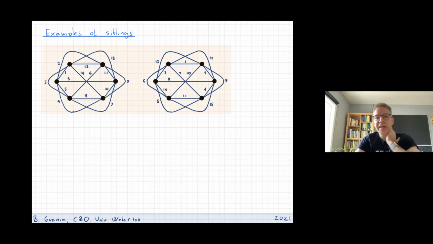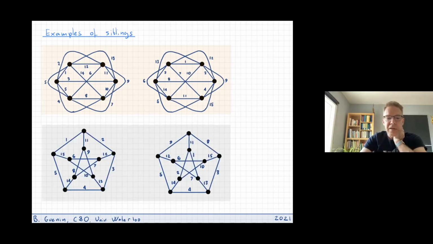All right, so let's look at examples of siblings, and I'm going to give you examples of siblings which are not Shih siblings, because we already know those. This is the K6 example that you've seen before. Here's a nice example. I can't give a talk at CNO without giving the Petersen graph somewhere.